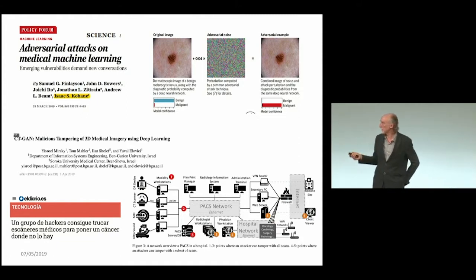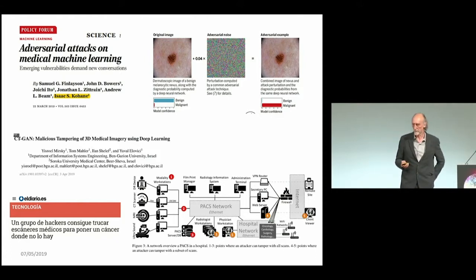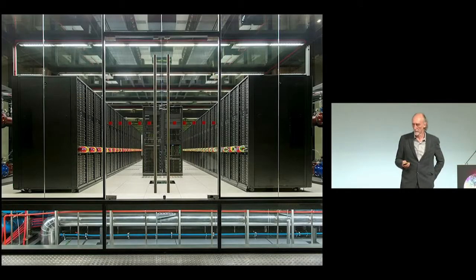And this is the reaction of the Spanish newspaper wondering about that. So artificial intelligence has a lot of promises, but for different reasons, the public perception may not be as positive as we think it is, and this is certainly dangerous. Sorry, I'm running late. I'm finished with that.